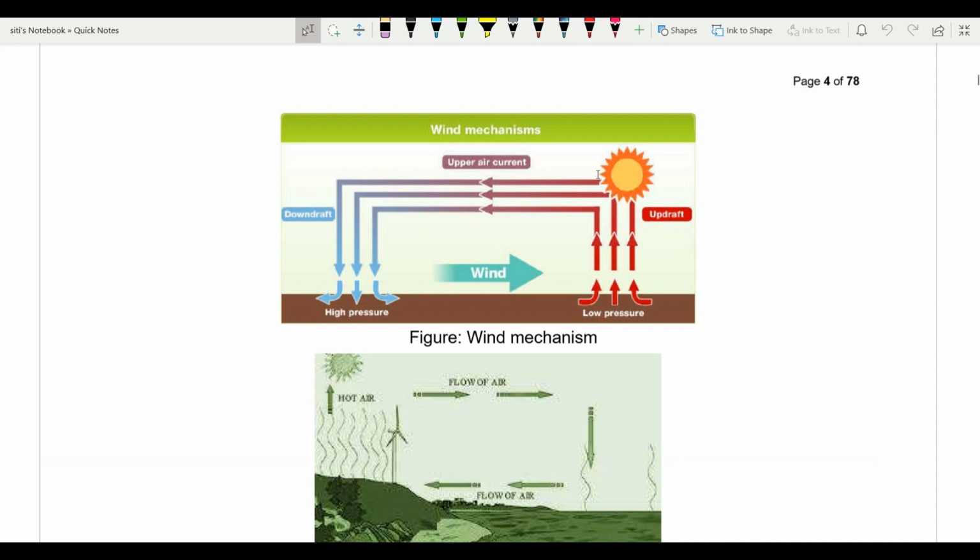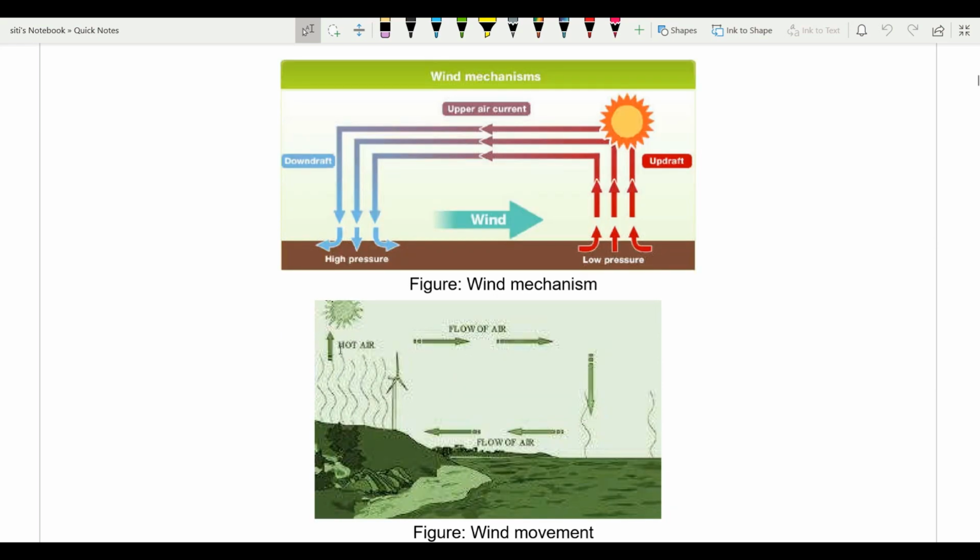So this is upper air current, downdraft to the high pressure, from the high pressure go back to the low pressure. So this one we call updraft. So upper air current is in this direction and this is the lower air current.